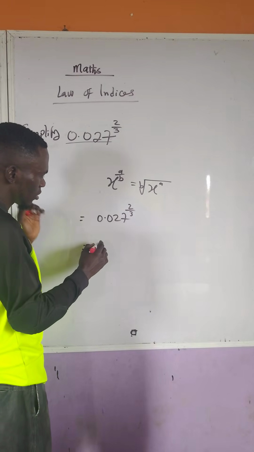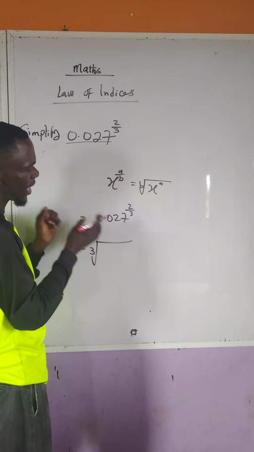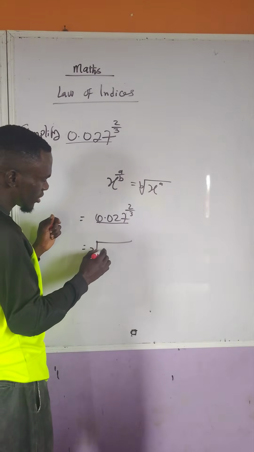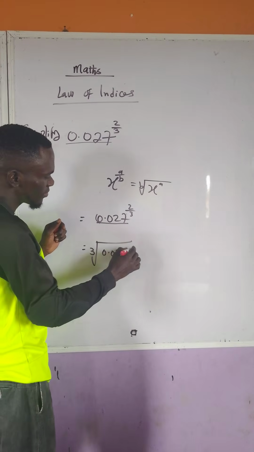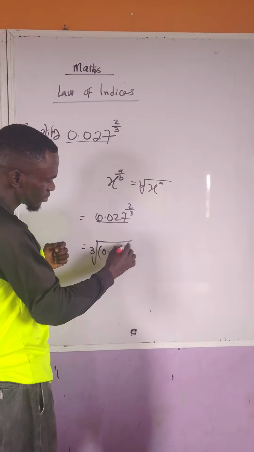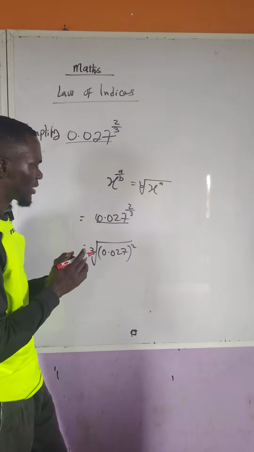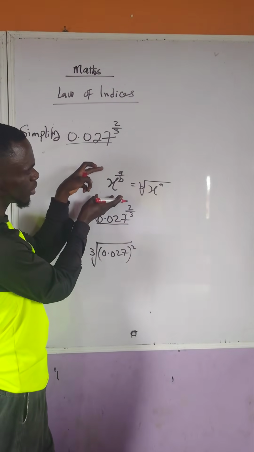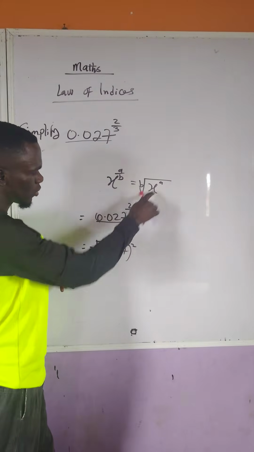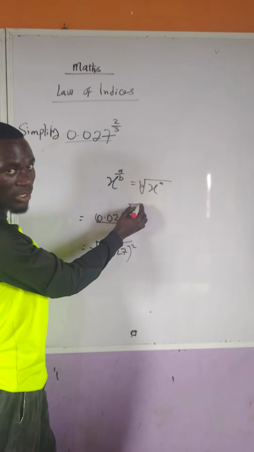So I'm going to put cube roots. The x is the number that we have here, which is 0.027, then to the power of 2. Are we good? Very good. You can see that I've arranged it according to this formula. The b is the cube root, while the a is the power.